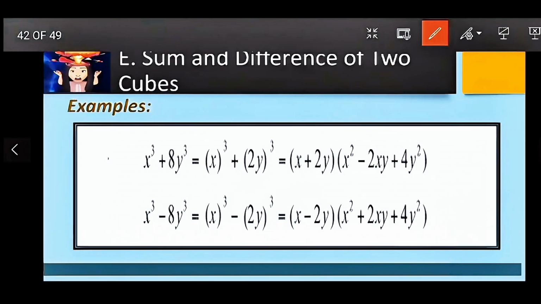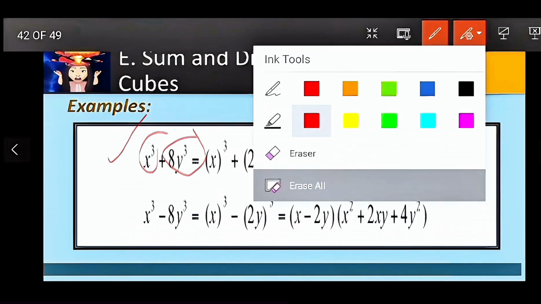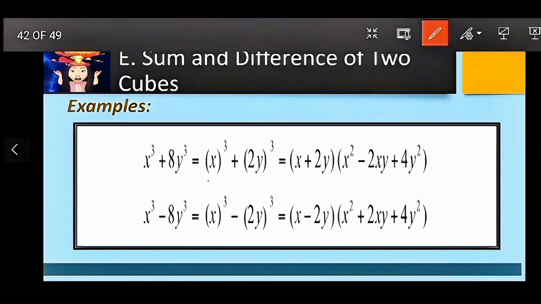So our first given is x cubed plus 8y cubed. So here, this will be our first term and this will be our second term. So it will be x plus 2y, which is here.